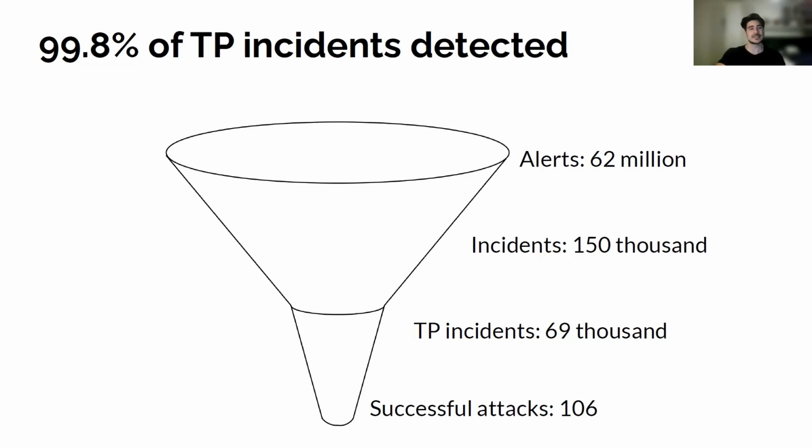And the very interesting thing here is that 99.8% of these true positive incidents were discovered by the analysts in the SOC before they were able to cause any serious damage to the organizations that these analysts are protecting on a day-to-day basis.